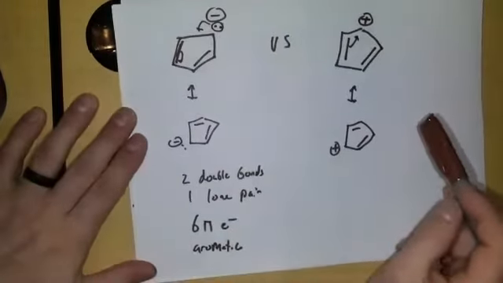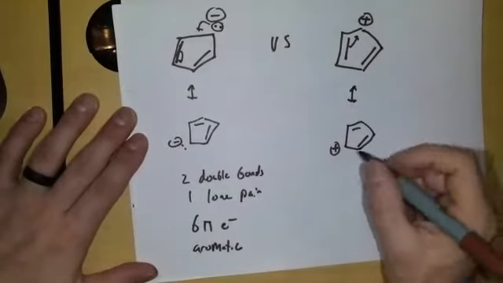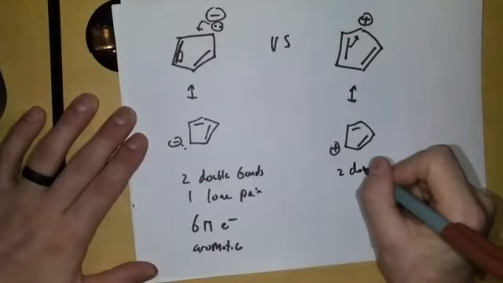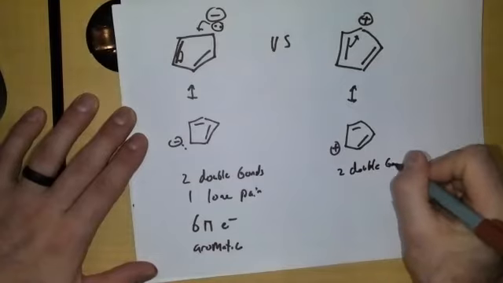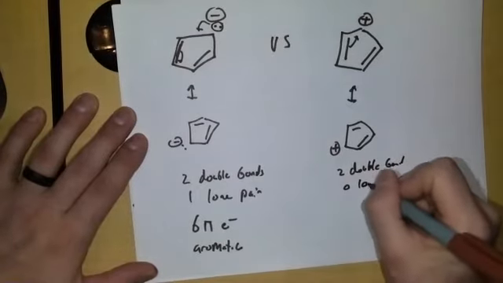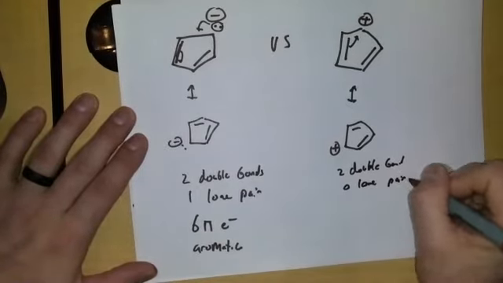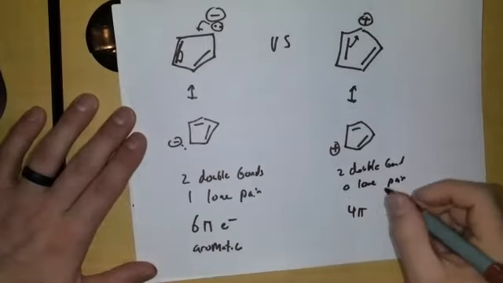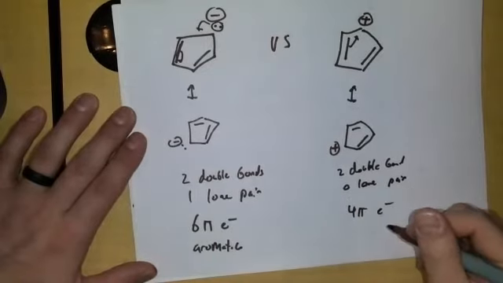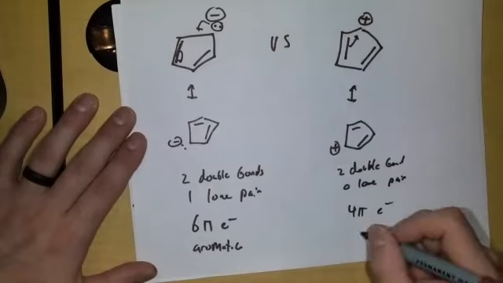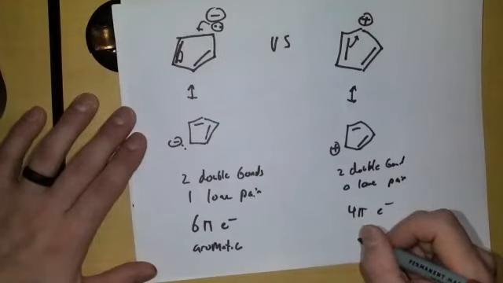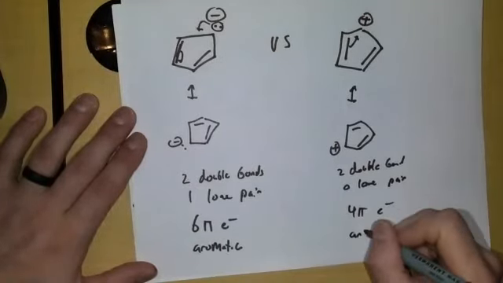For this one here, we have 2 double bonds and 0 lone pairs. So a total of 4 pi electrons. And this is going to be anti-aromatic.